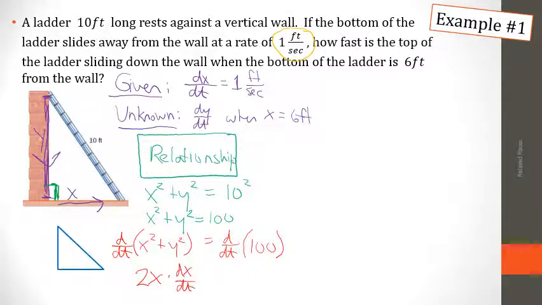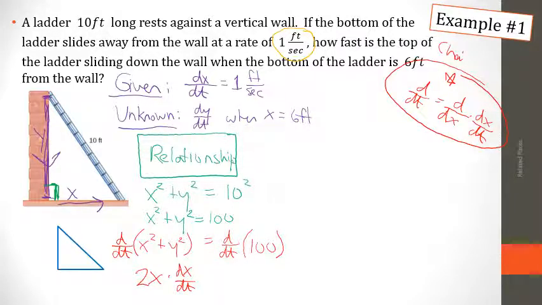Okay, so remember the chain rule. The derivative with respect to time, first take the derivative with respect to x, you multiply by the derivative of x with respect to t. So this is the chain rule. Pretty important. Plus, the derivative of y squared is 2y dy/dt. And that equals the derivative with respect to time of 100, which is 0.